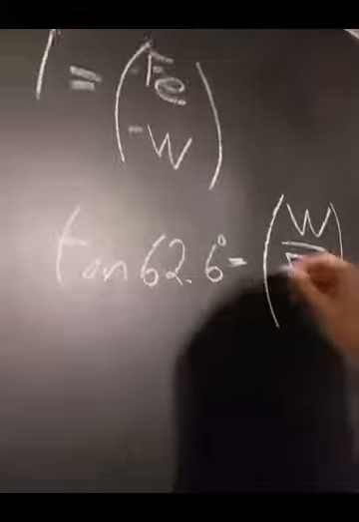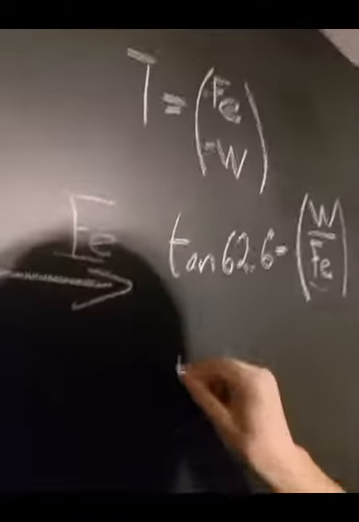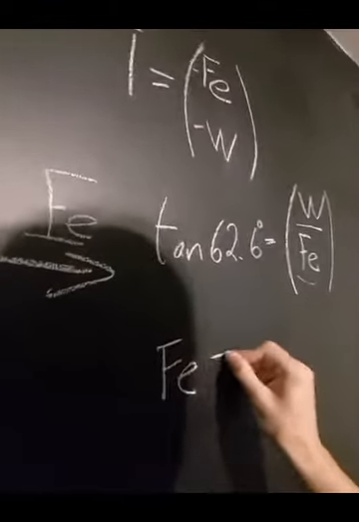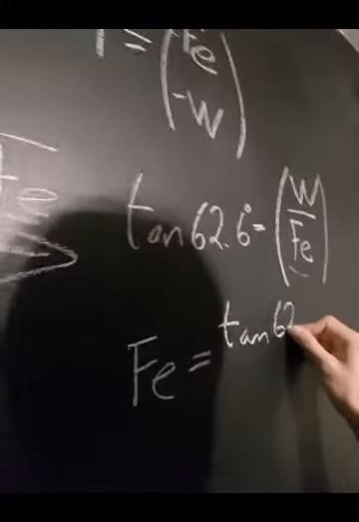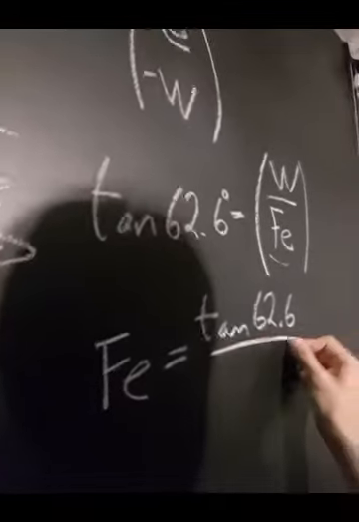And from here we can get Fe, and we get that Fe will be equal to the weight divided by the tangent of 62.6.